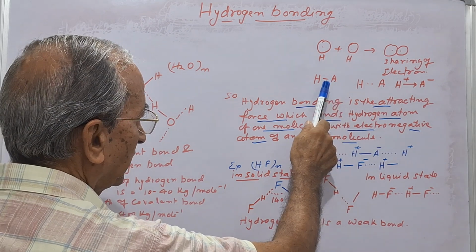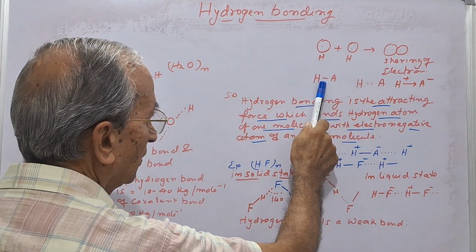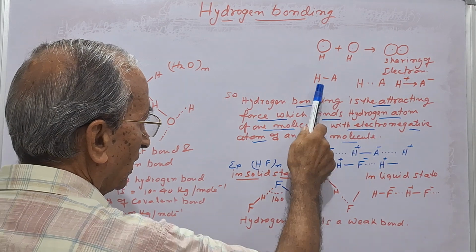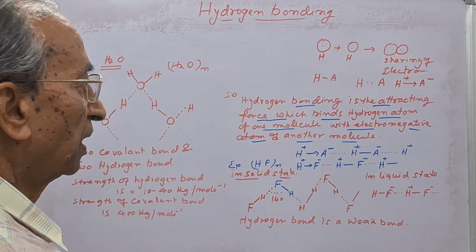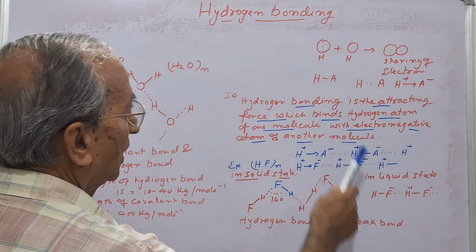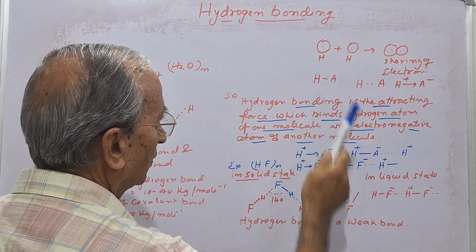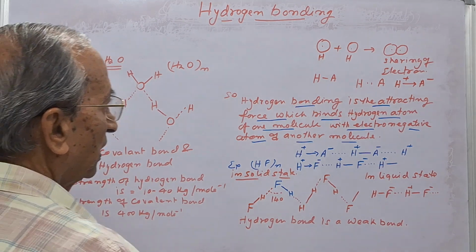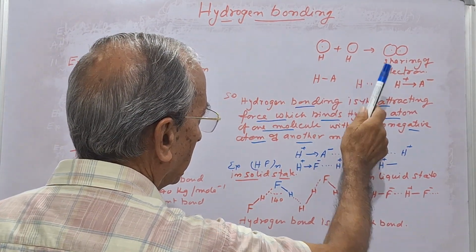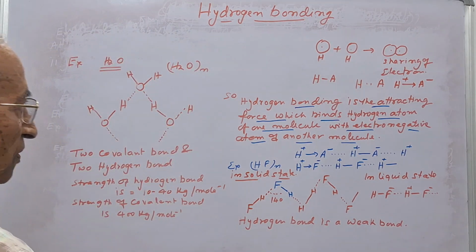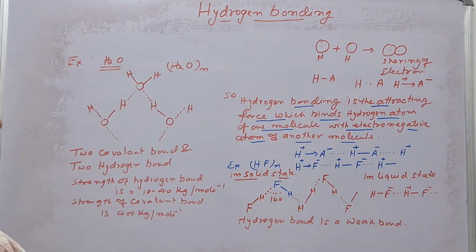See, here the shared pair of electrons. What will happen to the shared pair of electrons, because here both are dipolar in nature? It is found that the shared pair of electrons between H and the more electronegative atom shifts towards the more electronegative atom, forming a polar molecule.